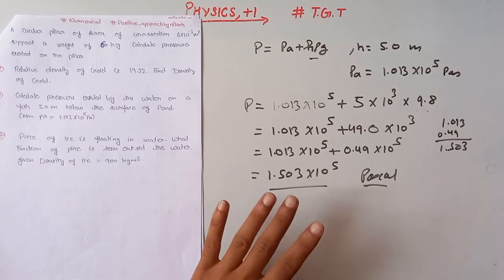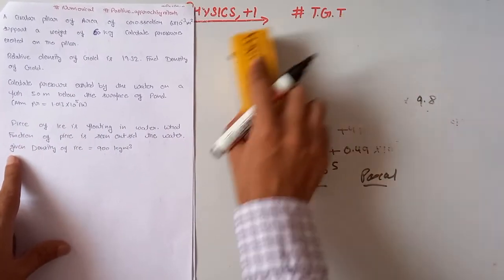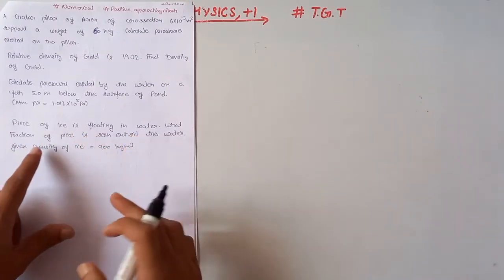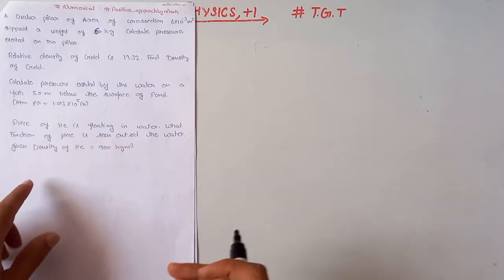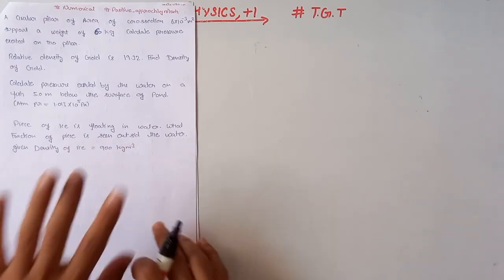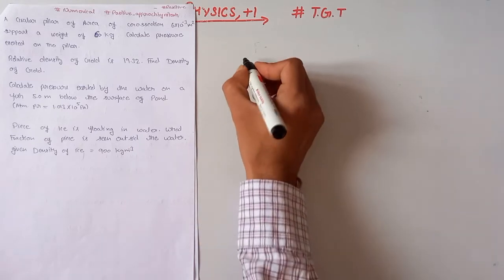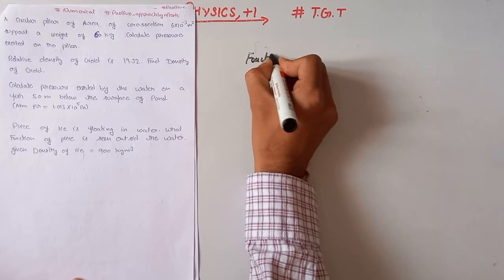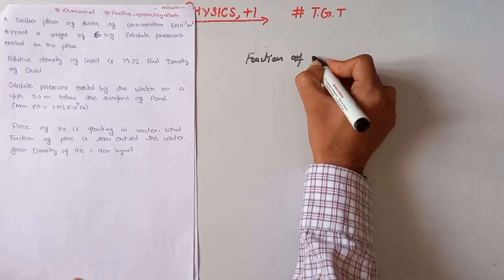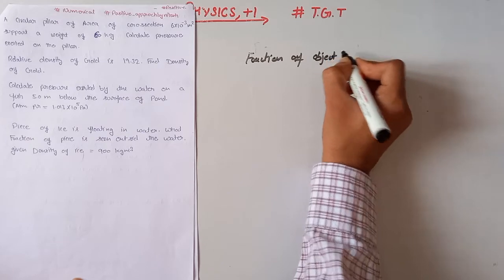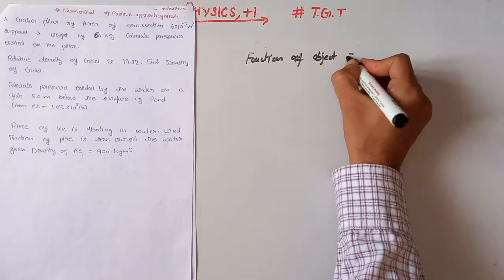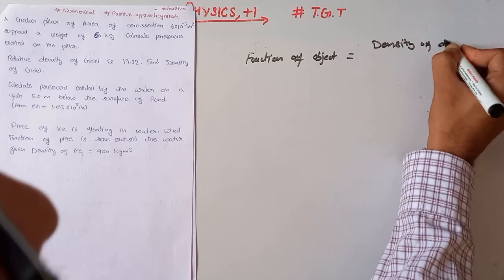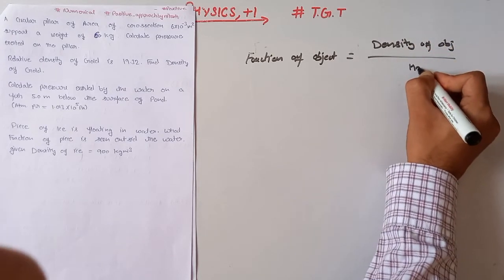Very easy numerical. Our next question is: a piece of ice is floating in water. What fraction of the piece is seen outside the water? The density of ice is given. We know that the fraction of the object that is immersed in water is equal to the density of the object divided by the density of water.